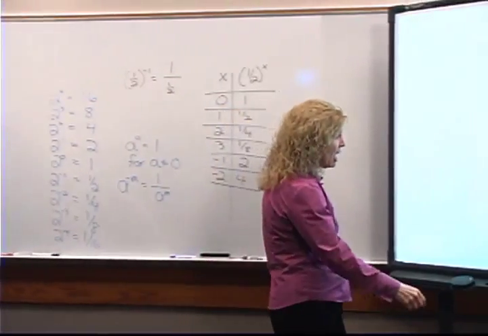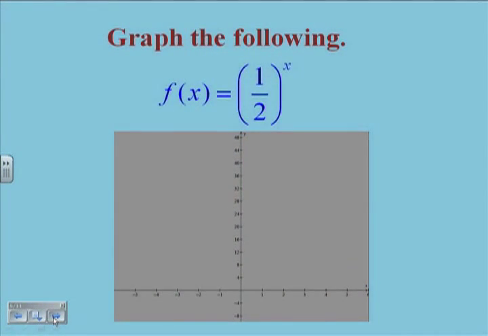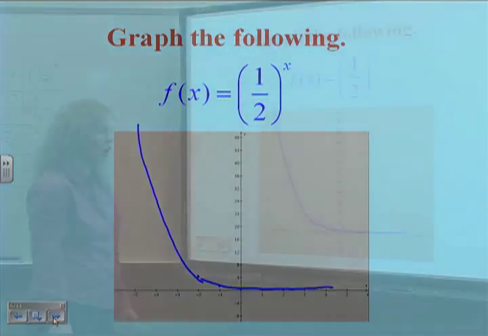And if I plot those, I have -2, 4. I have -1, 2. I have 0, 1. I'm hitting 1/2 and 1/4. What's going to happen as I go out this way? Well, I've got one of those lovely horizontal asymptotes going on again with the x-axis. And over here, I'm going to turn and take off.